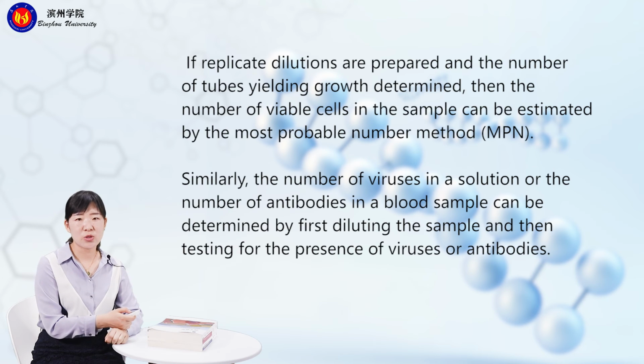If replicated dilutions are prepared and the number of tubes yielding growth determined, then the number of viable cells in the sample can be estimated by the most probable number method, MPN for short. Similarly, the number of viruses in a solution or the number of antibodies in a blood sample can be determined by first diluting the sample and then testing for the presence of viruses or antibodies.